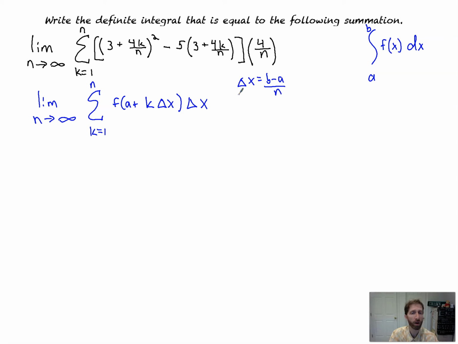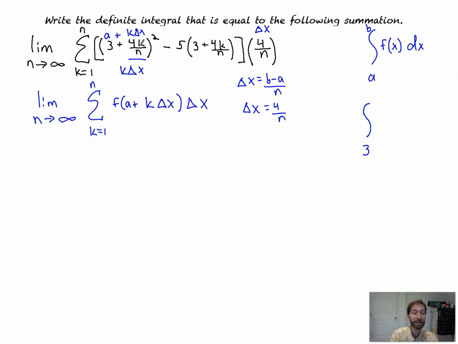All right, why is that important? Well, we can find b and a just from this. So here, this part right here is delta x, right? We've got the delta x times k going on. So delta x is 4 over n. You see that here as well. Why is that important? Your a value is right here. So you have a plus k times delta x. And so a is 3. We know that. We're just building our problem. I guess I'll put it right underneath here. a is going to be equal to 3.